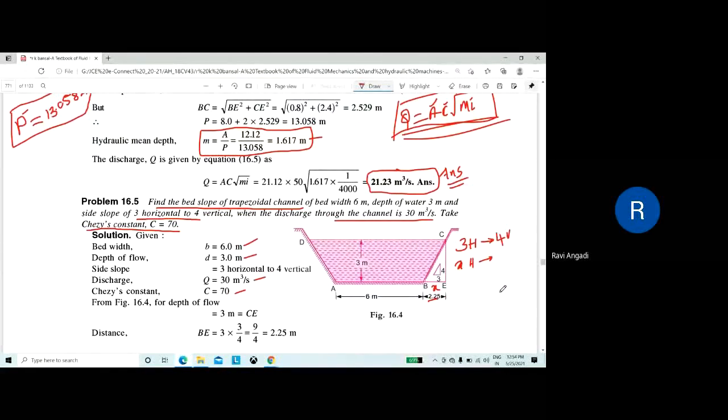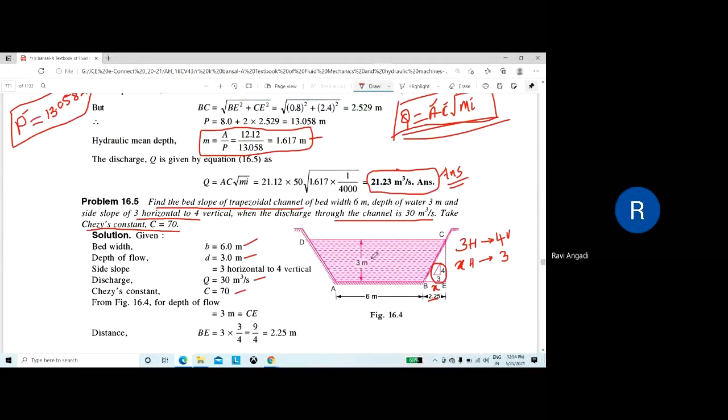For 3 horizontal, 4 is the vertical. This is the side slope they gave. This is for the entire channel section base BE.